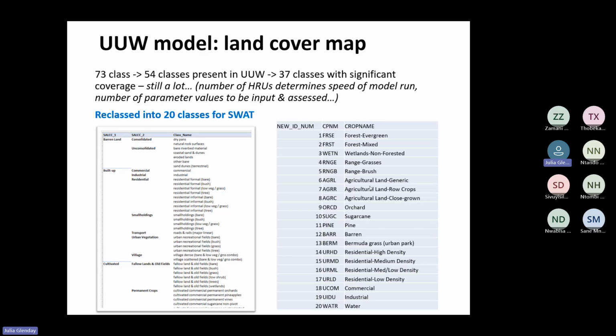I'll get into what some of these very general ones are, like agricultural land generic, which obviously doesn't tell you much, or row crops or close grown, which doesn't tell you much about what it is. So I'll show you how it links to the national land cover classification.